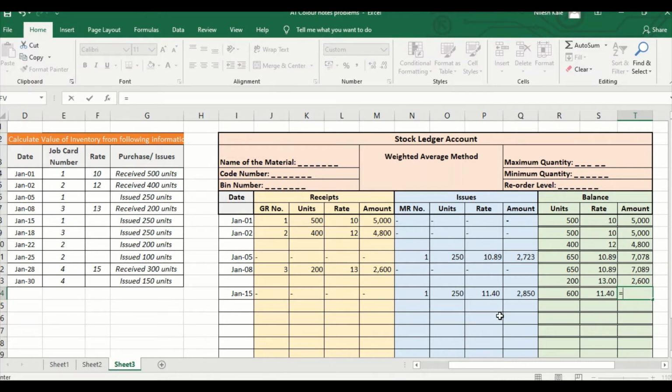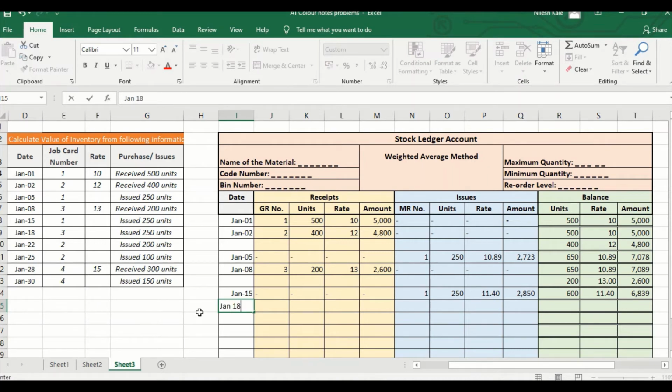Equal to sum of these two. I will complete the bracket, minus this. I'm using as few cell references as possible so that you need not get confused.